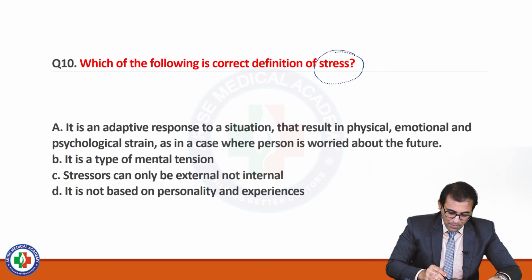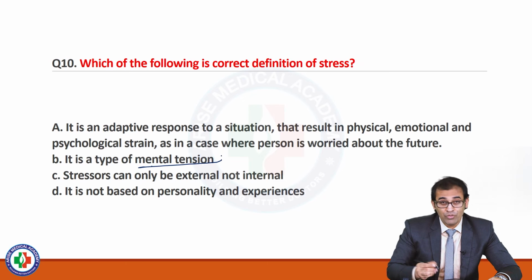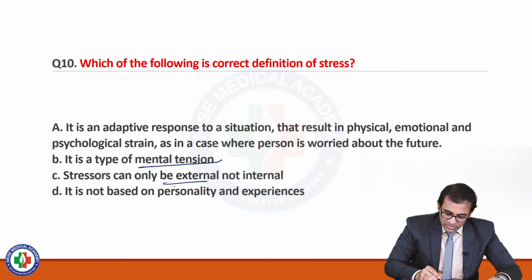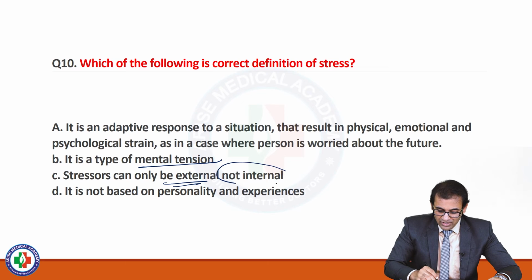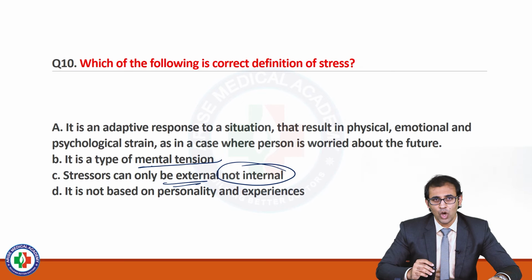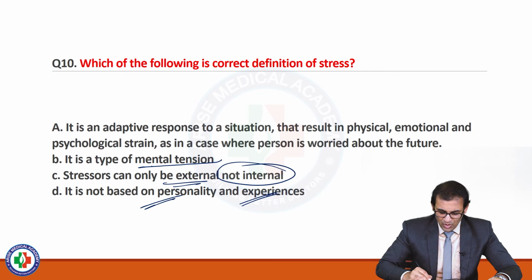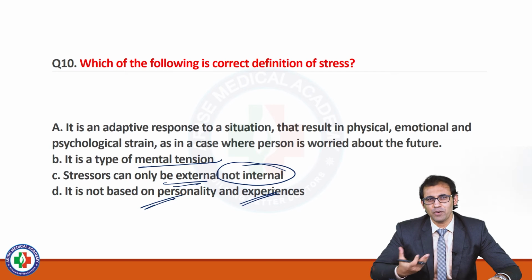Option number B, it is a type of mental tension. No, physical also. Physical response will be there. Stresses can only be external. No, see, this can be internal also, right? Option number D, it is not based on the personality and experience. No, it is 100% based, right? Different person will be having different level of adjustment with the environment, with the stress.